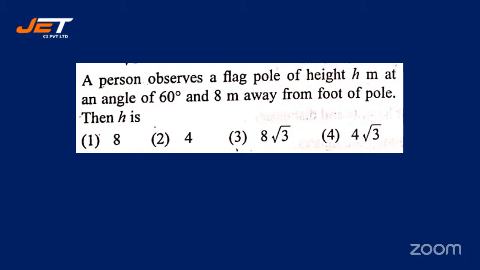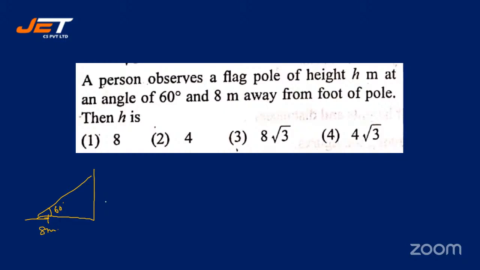Okay. So a person observes a flagpole at a height of h meter at an angle of 60 degrees. So same thing, right? So here you can say the angle is 60 degrees, 8 meter away from the foot of the pole. So 8 meter away.